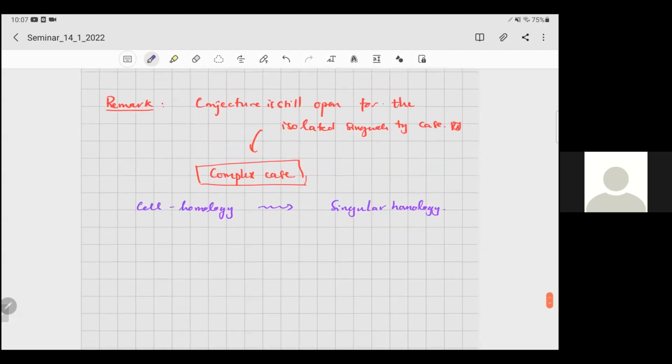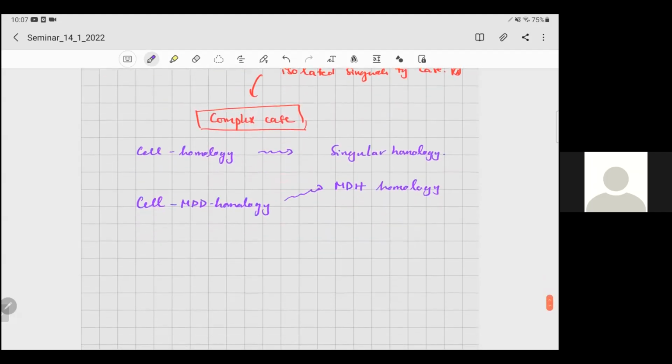And then with MD homology, recently we developed something similar, also a cell MD homology. We can calculate this. And what does it mean? I mean, cell MD homology. It means it's like this.